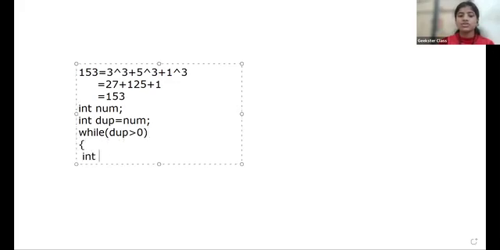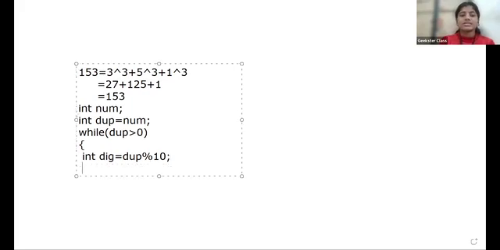Then first of all, you have to extract the digit. So how will you extract the digit? Dupe is the num only, so dupe modulo 10 will extract 3 by this process. After you take this, let's suppose we take a variable sum, which is initially 0.